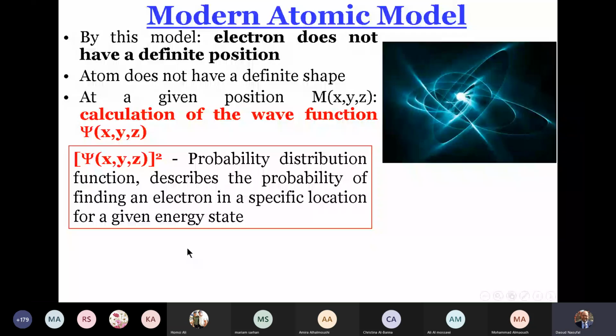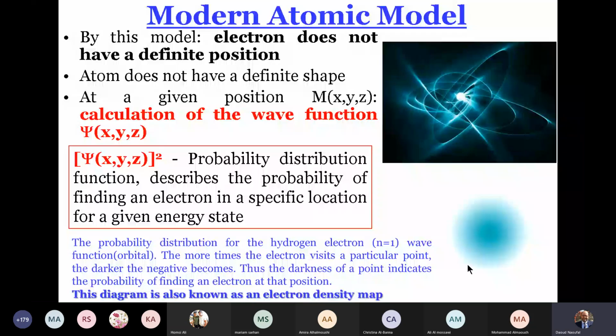So suppose we have an electron in a hydrogen atom, and this electron is moving around the nucleus. So we calculate the probability of presence of this electron. We obtain a sum of points that give this shape. What is the meaning?